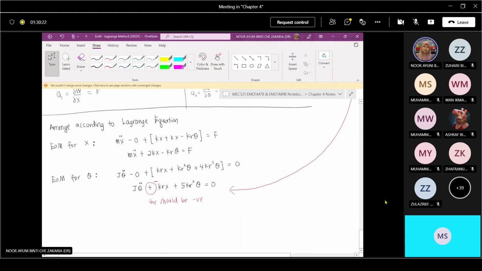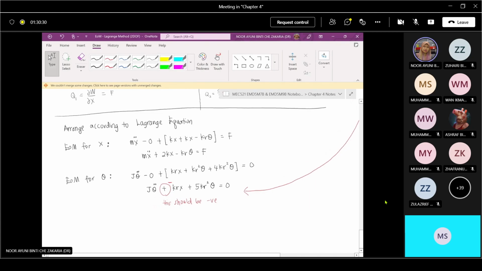So there is a method to know where I went wrong. Dekat mana saya salah. Ini tertinggal lah. Okay, now we have got our equation of motion.